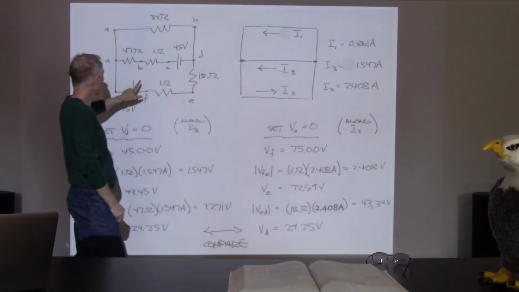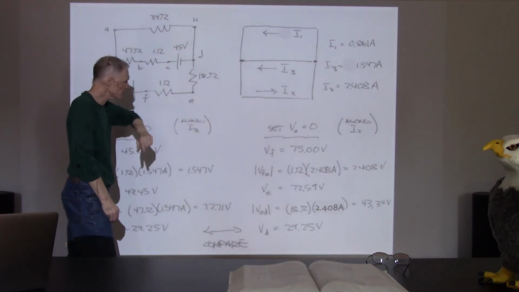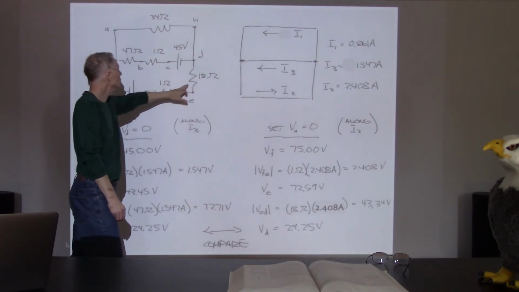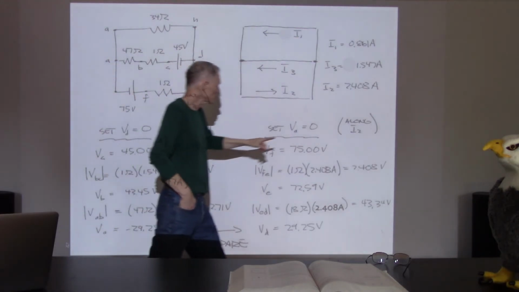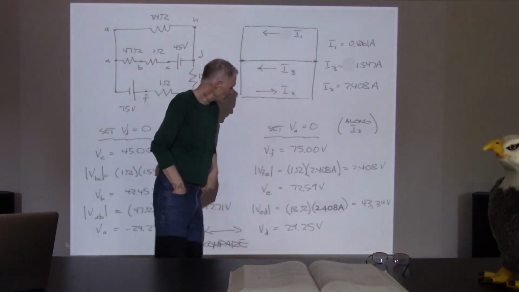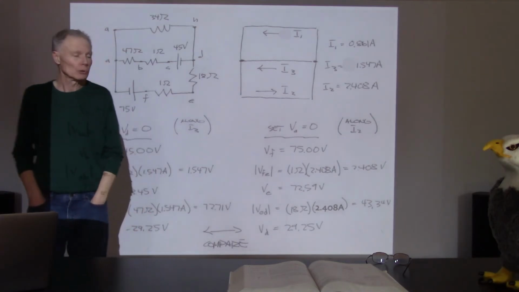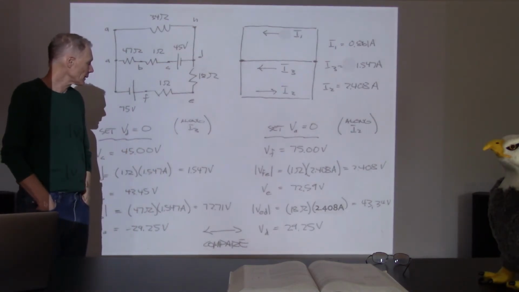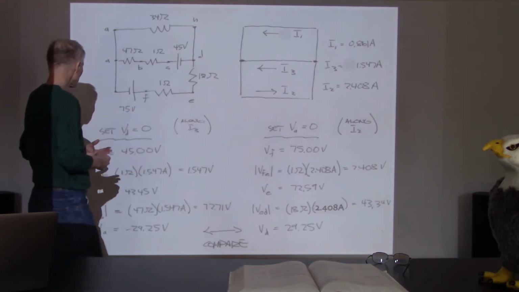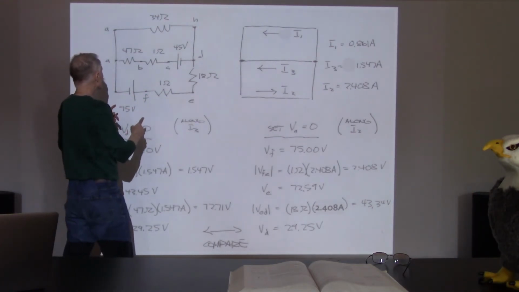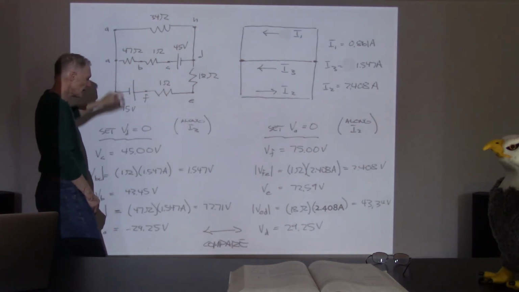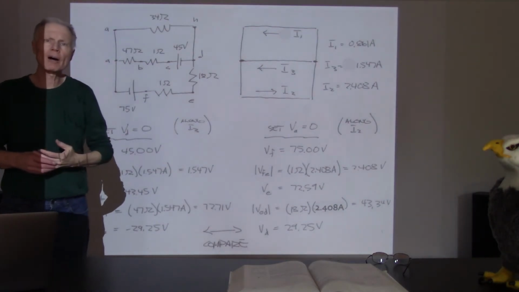So by the time I get to point F, I am at 75 volts. Then I also had a couple of voltage drops due to these two resistors. The voltage drops were 2.4 and 43.3. And that left me at 29.25. So compare, and it worked. Both paths agree that D is at a higher voltage than A, and it's higher by 29.25 volts.